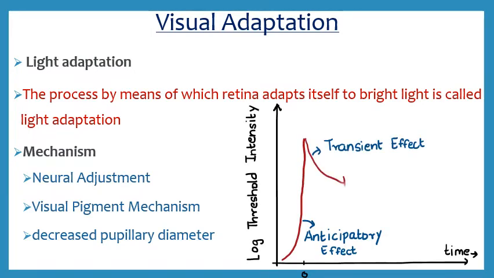And once you enter it, you've got this transient effect which is due to neural adjustment. The retinal sensitivity will decrease and the neurons will adjust to the increased bright light. Then we've got the photochemical effect, which is due to the visual pigment mechanism. Basically, it's just the opposite of what happens in dark adaptation. And there will be a decreased pupillary diameter so that less light will enter the eyes. Okay.